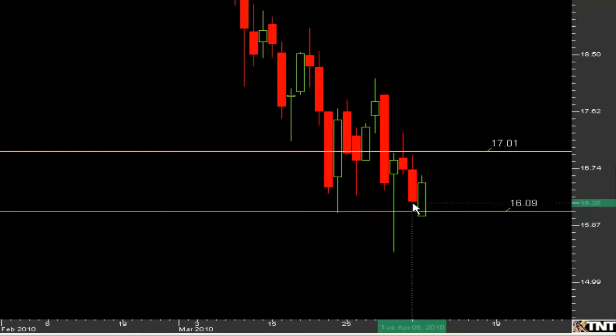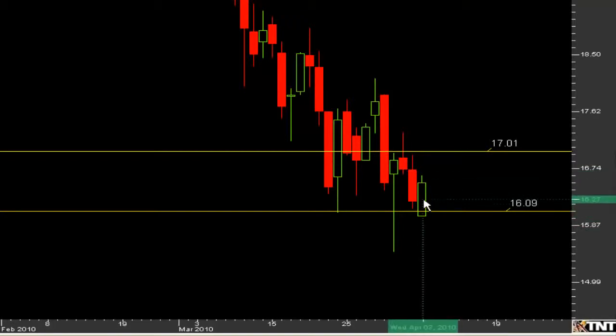The problem with gapping markets, or markets that open too far from where they left off, is that they will have a tendency to reverse on themselves and fade. That's what a fade means, is that the market will open well beyond where it left off and then spend the rest of the session moving against the open.